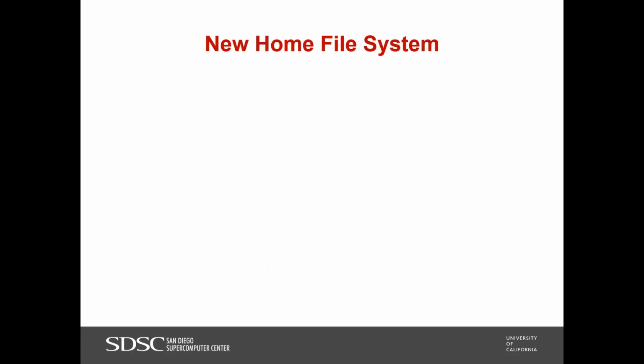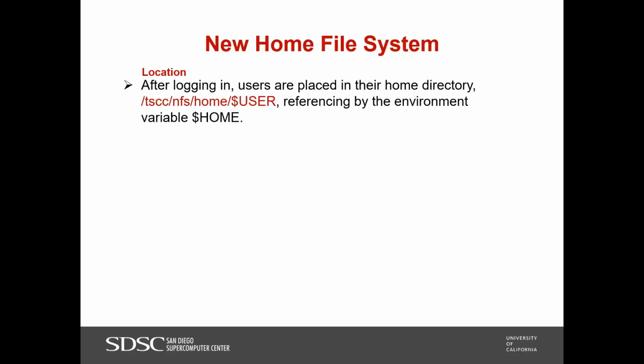So what we have for the new home file system: after login, when you are in your home directory, the full path will be TSCC/NFS/home/user. If you echo your home environment variable, you will also get this value.